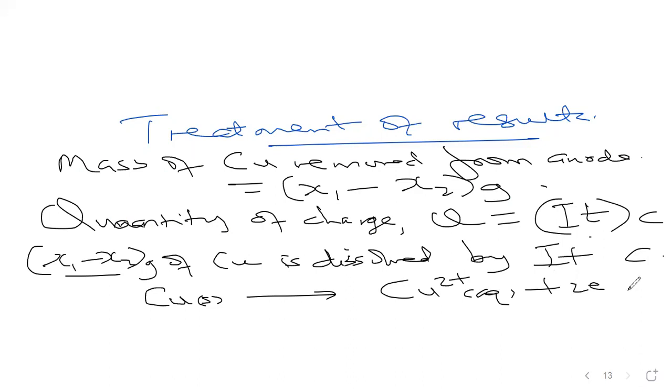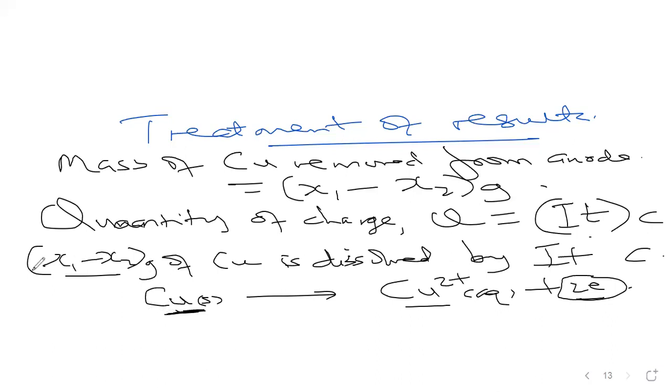And that implies that, according to this equation, 2 Faradays are required to dissolve 1 mole of copper. And 2 Faradays are 2 moles of electrons. 2 moles of electrons are required to dissolve 1 mole of copper.